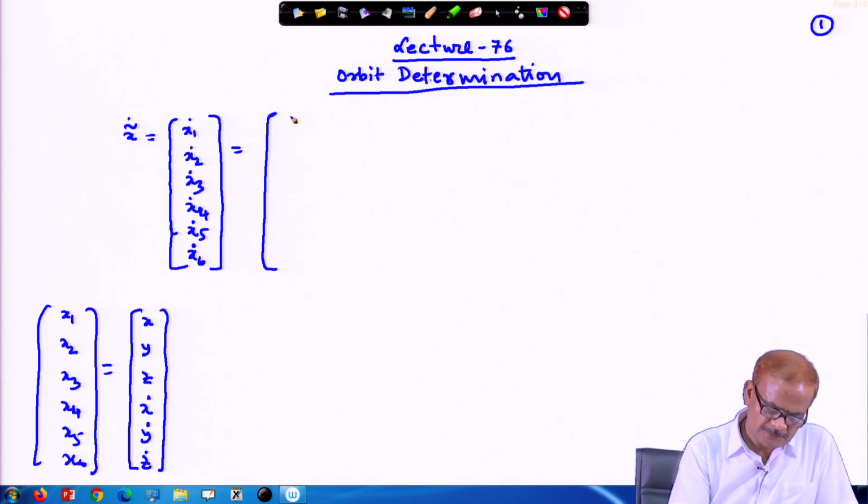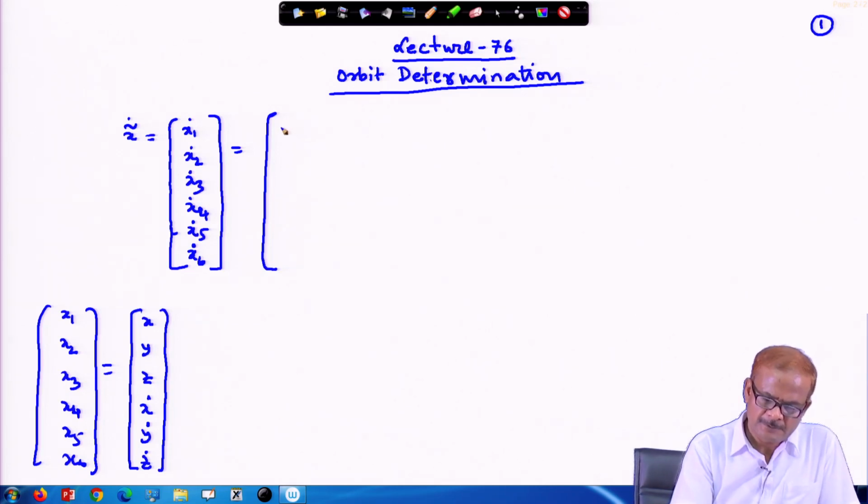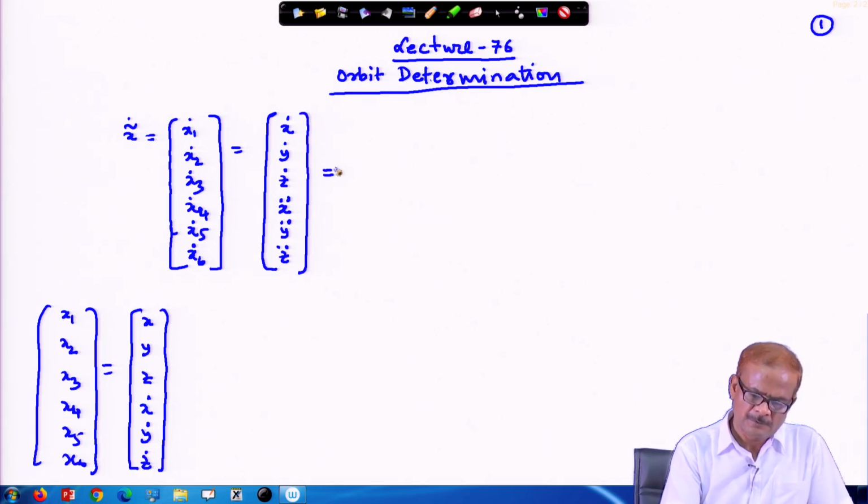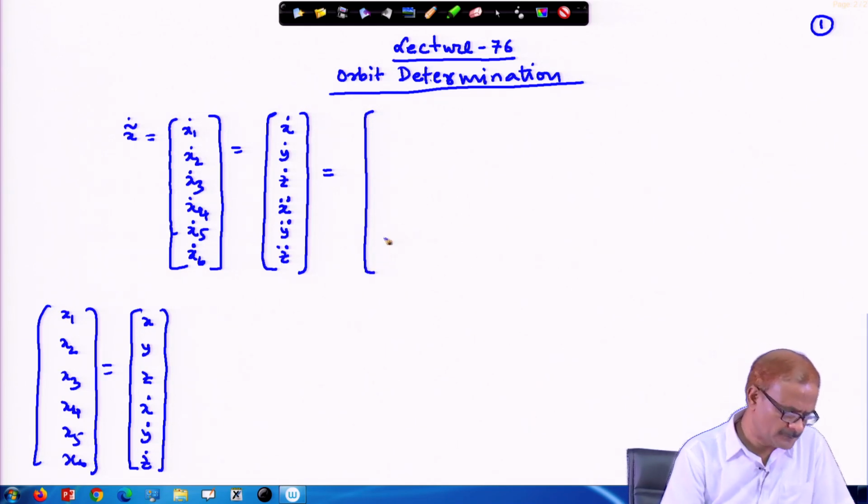So, according to this notation, x 1 dot is equal to x dot, then y dot, z dot, x double dot, y double dot and z double dot. Okay. And finally, we wrote it in a format.